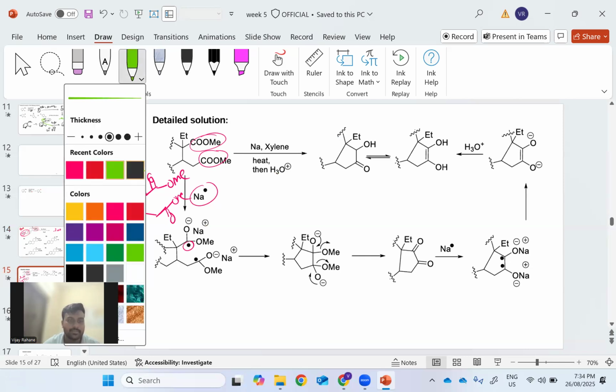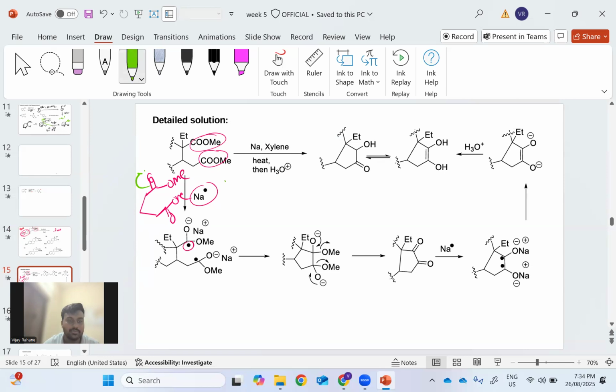And now what happens? When this bond goes here, this also goes here. So basically, to add the position, I will draw that simultaneously. So this electron, one from the one sodium, goes here, from the another sodium goes here, right? So this is again the one, right?